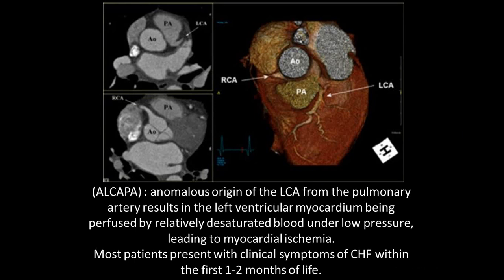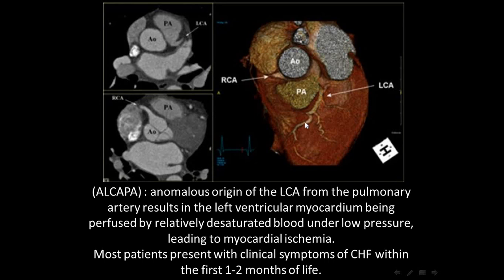Another anomaly is the anomalous origin of the left coronary artery from the pulmonary artery. It's called ALCAPA, the abbreviation of anomalous left coronary artery originating from the pulmonary artery. So here this is the pulmonary artery, and this is the left coronary artery.